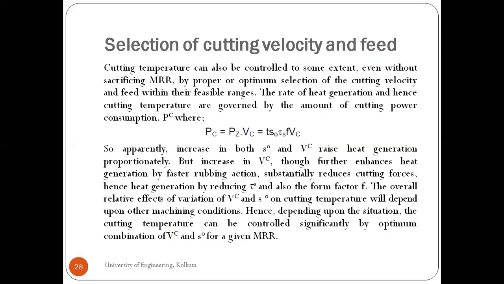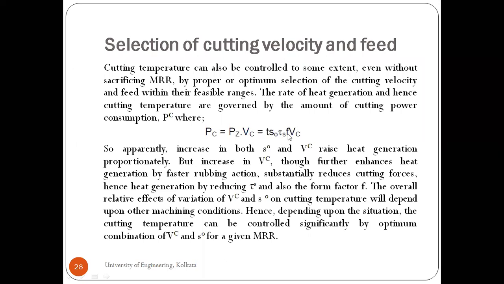So here we have a relation. Power consumption is the Pz force, the main force, times the cutting velocity, and we can write Pz in terms of the depth of cut, feed, and the shear strength of the material, right? And here this F is the form factor.